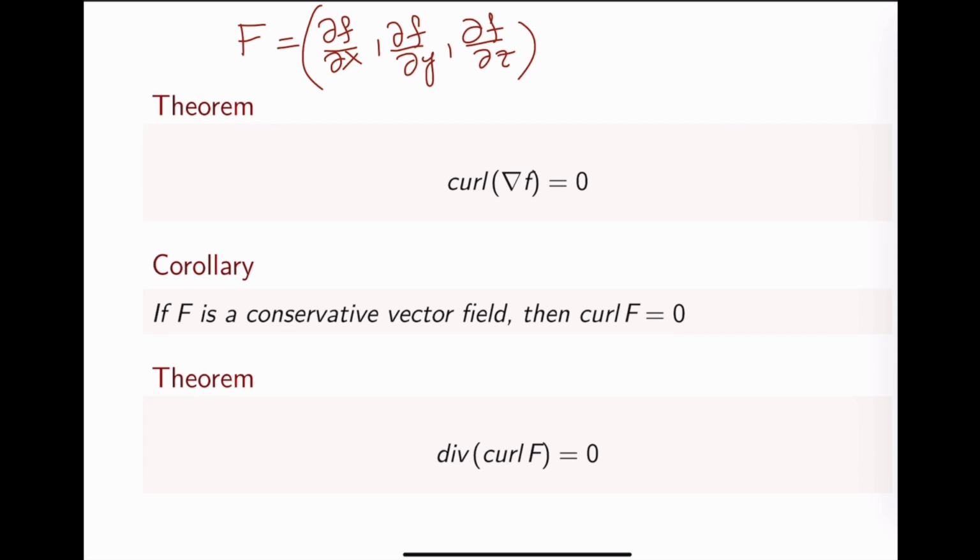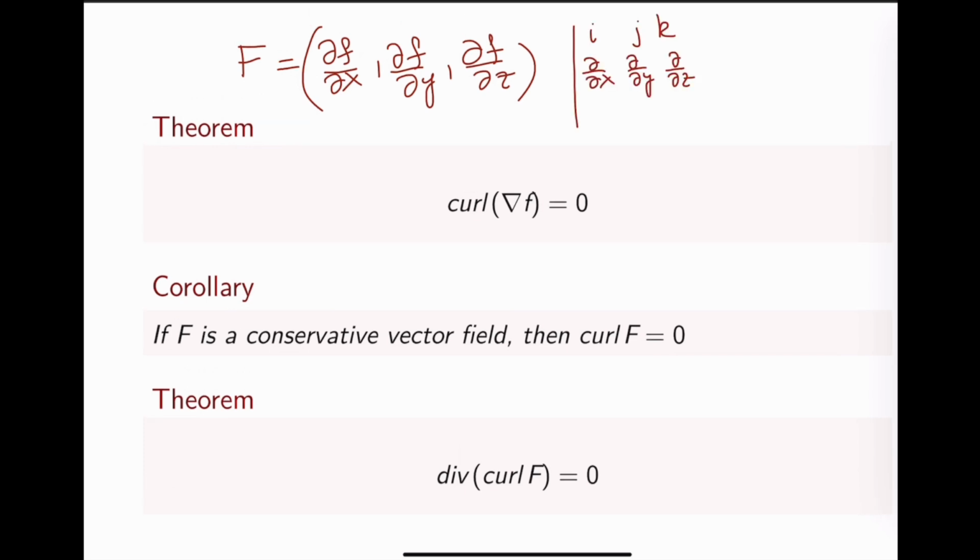And if we now take the curl of this, when we calculate the curl of the gradient, we are going to have this determinant. Observe what we will get in each of the components. So for instance, when we do the first component, we eliminate this, and we're going to calculate just the determinant that remains.